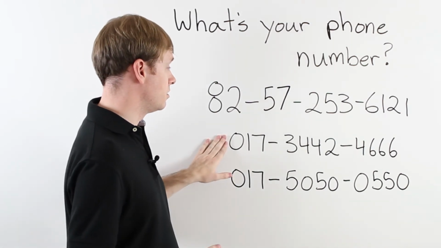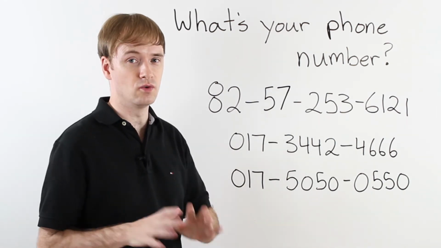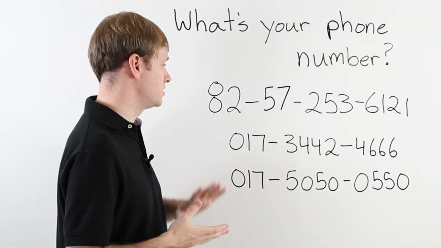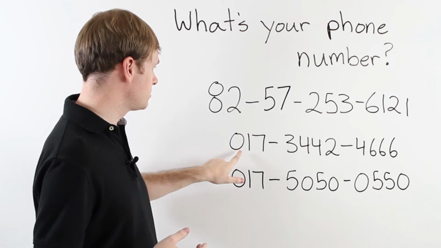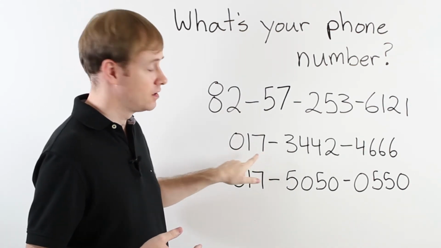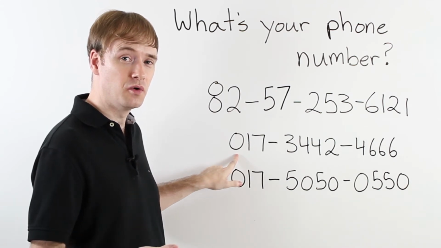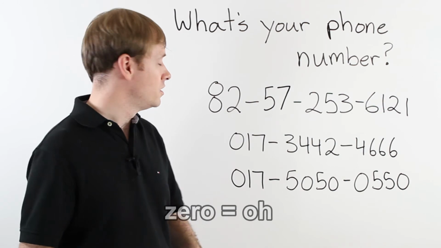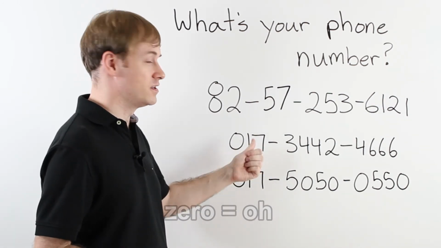Let's look at a mobile phone number. This is 017. I don't want you to call real phone numbers. So this is just example phone numbers. So we would express 017. Now if you remember 0, we can also express as O. So 017 or O17.